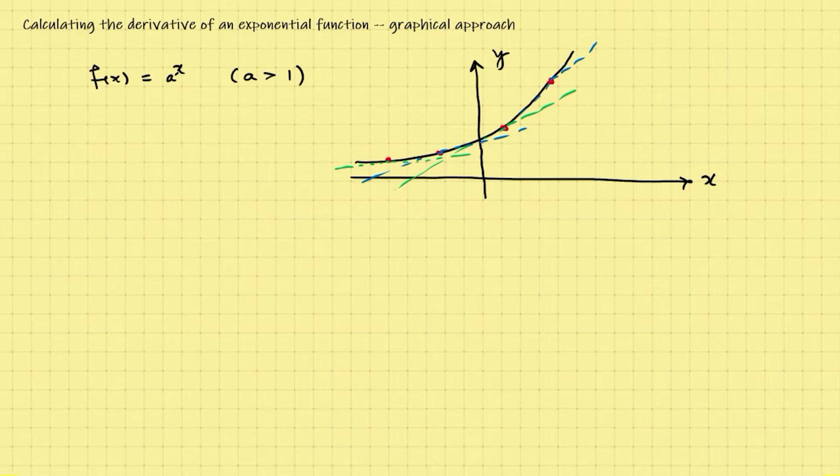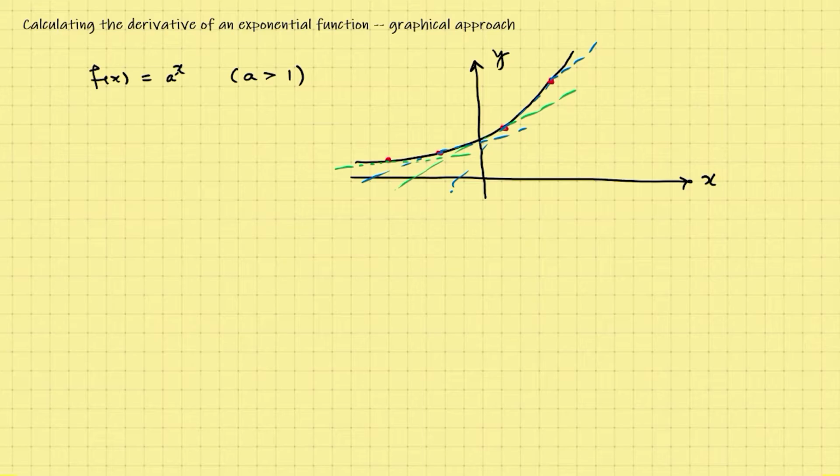So we can draw tangents and then measure the gradients of those tangents by hand, by measuring the change in y and the change in x. Once we've got that, we can get a picture of what's happening to the gradients and maybe describe that as a function, right?